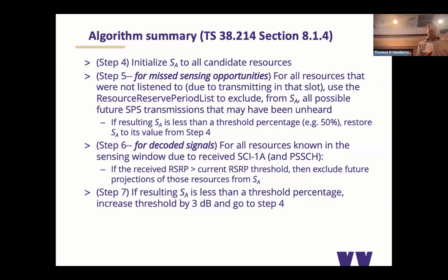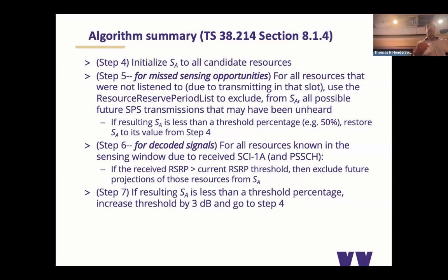And then the next step is what's called step 5 in the standard. This handles the half duplex assumption of the UE. If in the past, in that sensing window, the UE had been transmitting, then it could not hear what somebody else may have been transmitting on that slot.